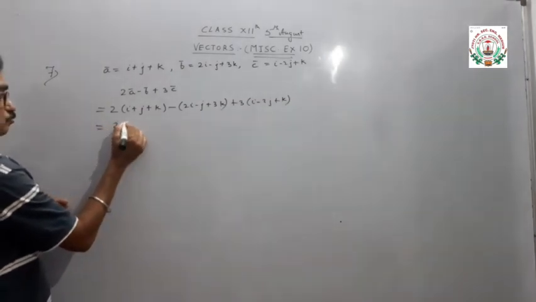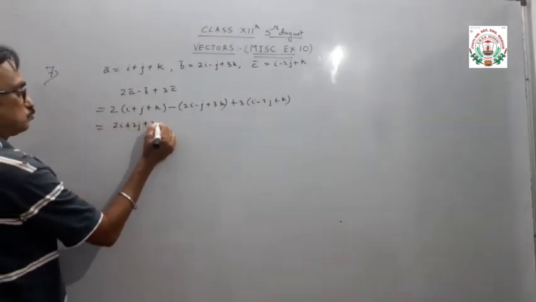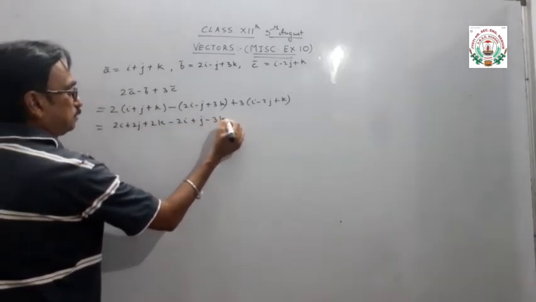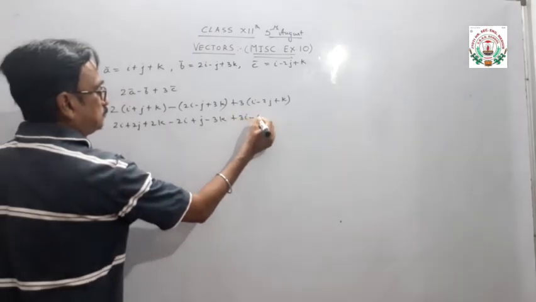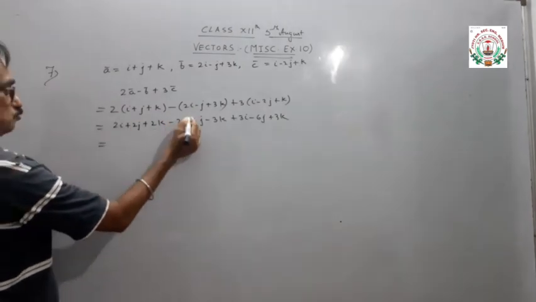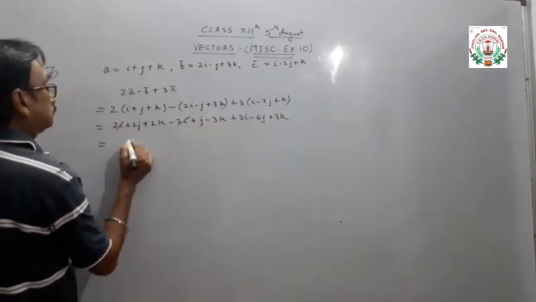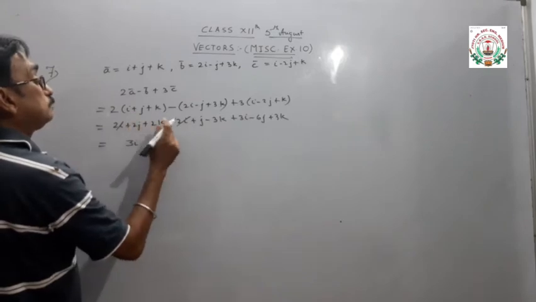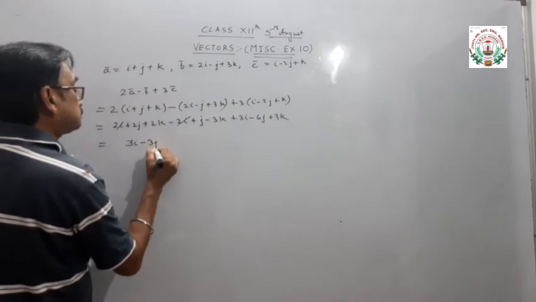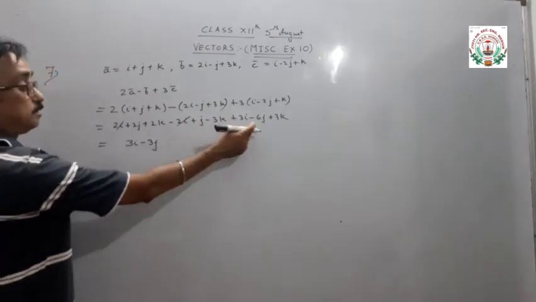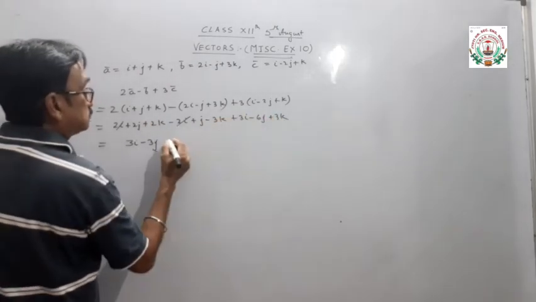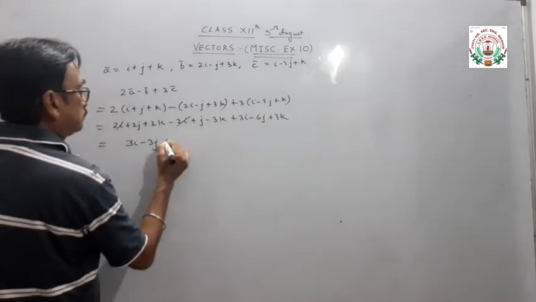Open the bracket: 2i plus 2j plus 2k minus 2i, sign change, plus j minus 3k, plus 3i minus 6j plus 3k. 2i minus 2i cancels out, leaving 3i. 2j plus j is 3j, minus 6j gives minus 3j. 2k minus 3k is minus k, plus 3k gives 2k.